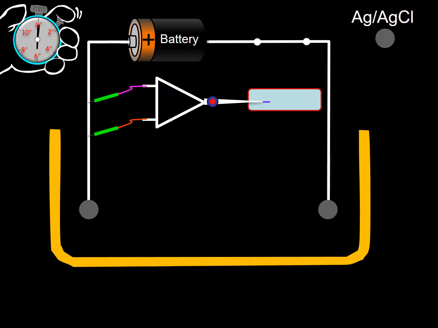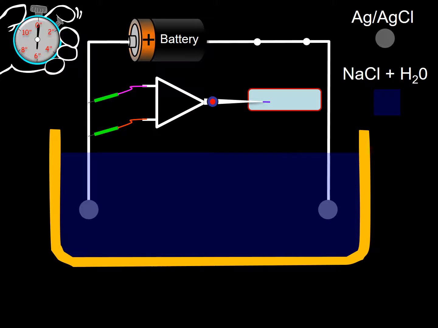Now I will place a bucket, here represented in yellow, and will fill the bucket with a sodium chloride solution. Once the bucket is full and both silver electrodes are immersed in the solution, the pen will rise, since a connection has been established by the sodium chloride between the silver chloride electrodes.